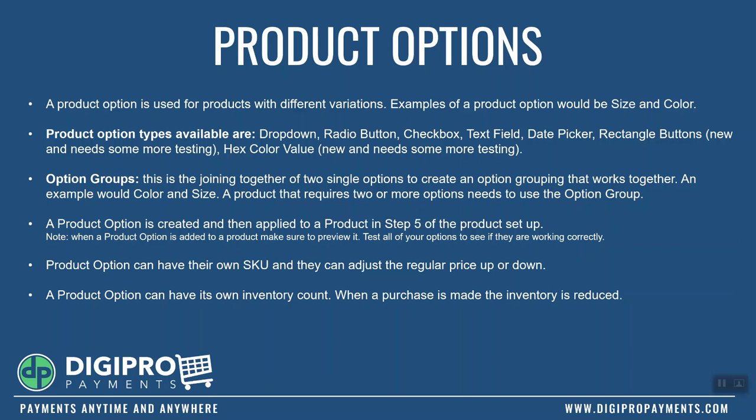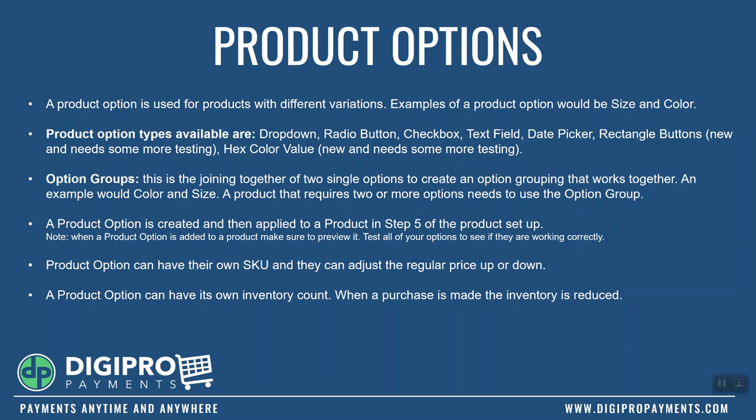Now, again, using the t-shirt example, you may have a t-shirt, and within that t-shirt you have maybe different sizes and colors. And so when somebody comes into your store and is selecting a shirt, they're going to choose a color, and then, so if they want a blue shirt, they're then going to choose the size that they need in that blue shirt.